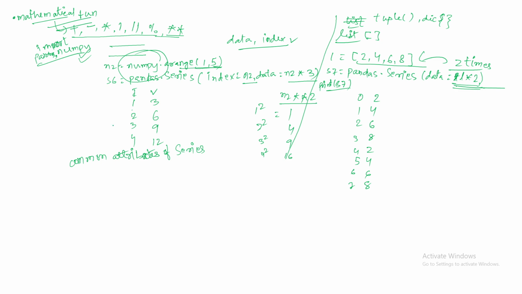Now in these common attributes, first tell me, you will also write in the comment section whenever you are watching the video. Series object, I will mention it as O. Series object dot index, number 1. What is the output that will generate?